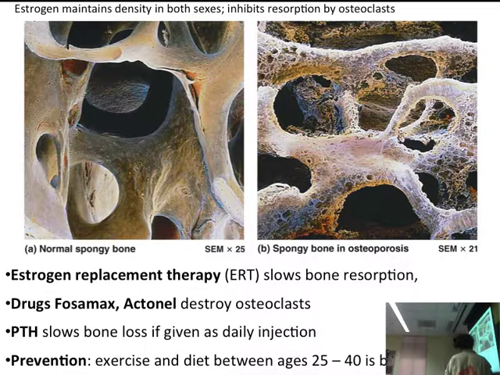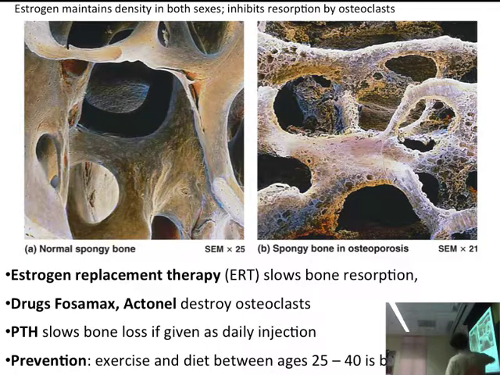So when women reach menopause and their estrogen levels go down, osteoclasts become a little bit more active than they were during the other parts of their life, and it can lead to osteoporosis, the development of osteopenia, which is pitting of the bone, or actual osteoporosis.